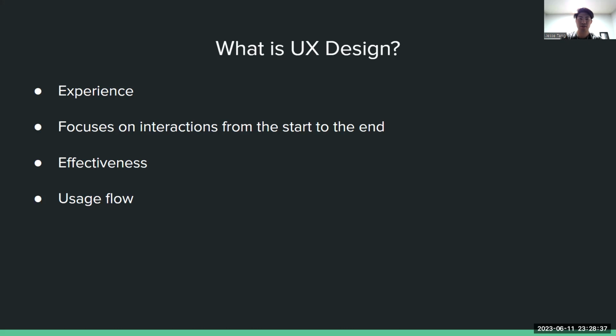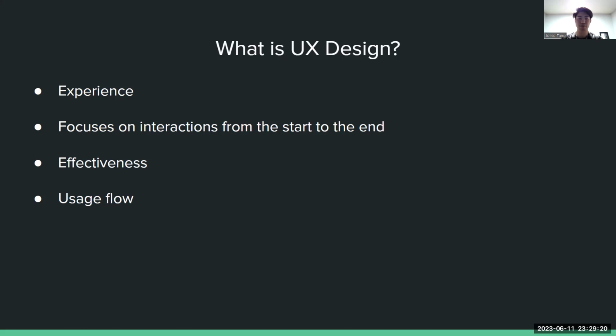And since UX design is based on the experience, this also means how effective the design is in terms of how users are able to interact with navigating around the design and how responsive it is, and how you could navigate through the website and make it responsive in terms of accessing websites or web pages through multiple ways instead of just having a singular design for only accessing one thing one way, because not everyone will understand that.